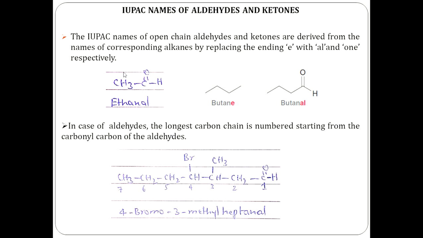So this is called ethanal. Therefore, it is obtained from ethane, by replacing the ending -e with -al, so the aldehyde group is attached to the ethane.